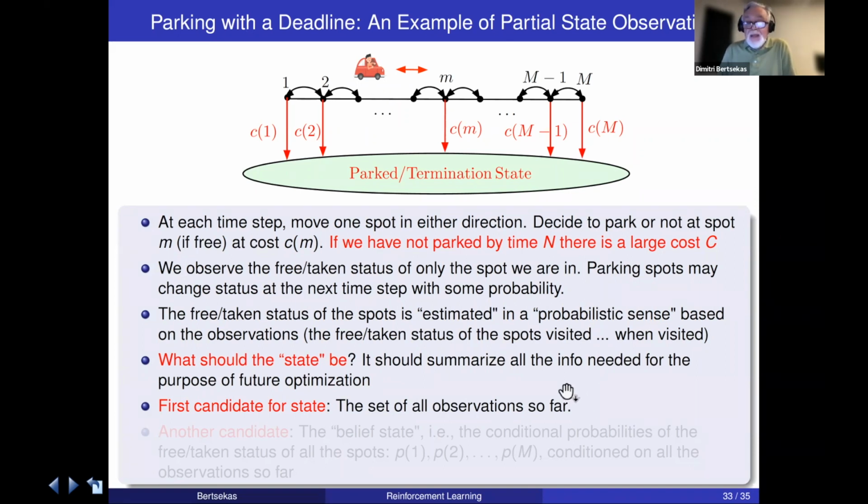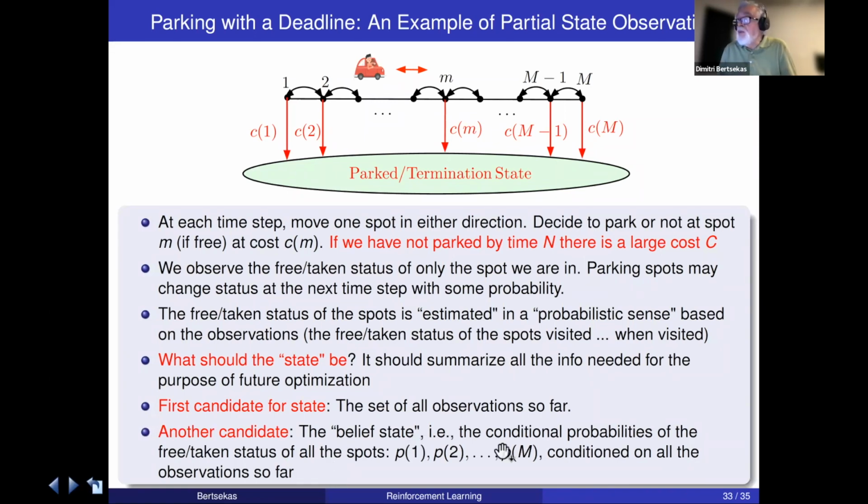However, there's another candidate, the belief state, which I talked about earlier, namely the conditional probabilities of the free or taken status of all the spots. So this is a probability distribution with a probability for every spot. So P1 may be 1/2 and 1/2, 1/2 being free, 1/2 being taken. Similarly, PM is maybe 1/3 being free, 2/3 being taken, and so on.